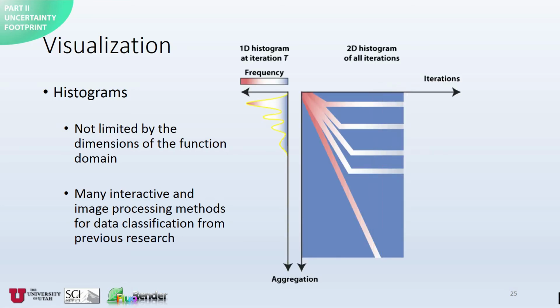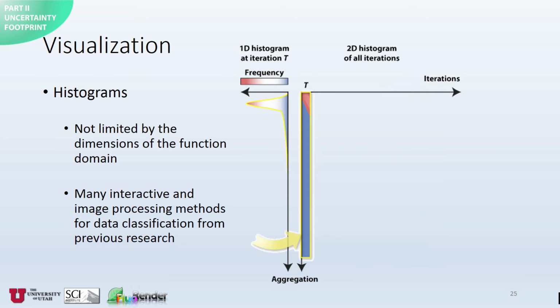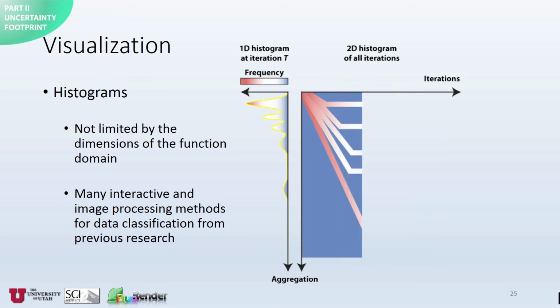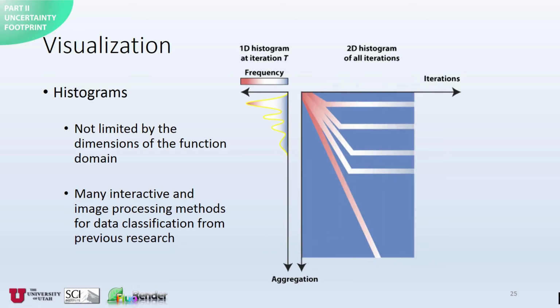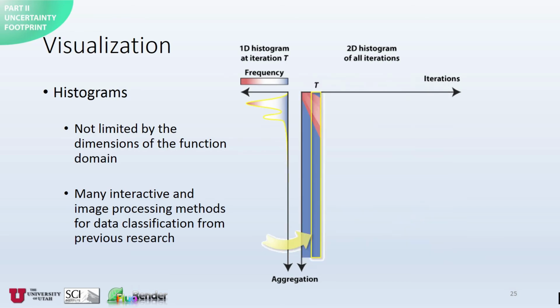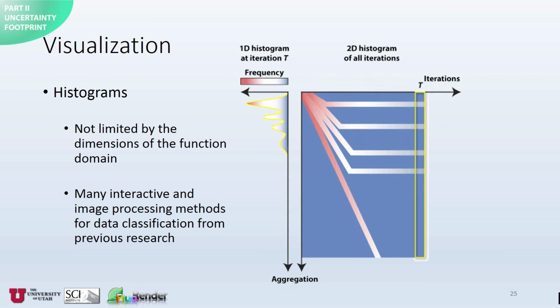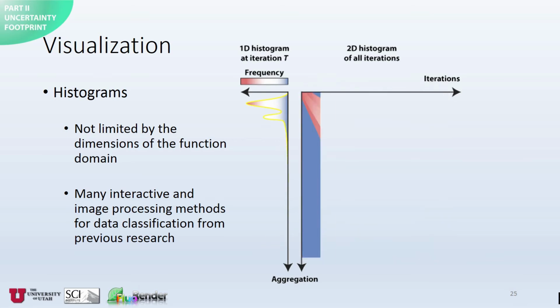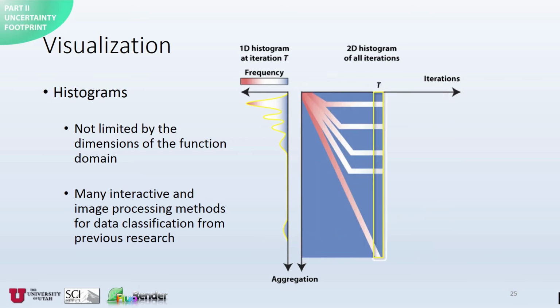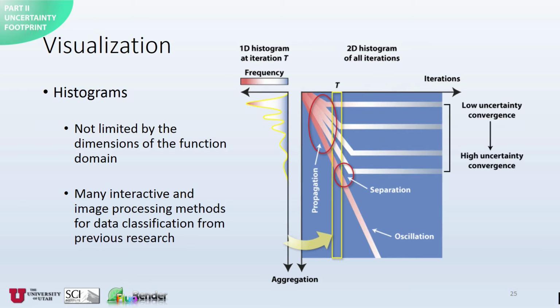For an iterative process, we first generate a 1D histogram of aggregated value changes for each iteration. Then we put all the 1D histograms together to form a 2D histogram. Non-uniform behavior within the process is visualized as distinctive patterns on the 2D histogram. When a local value stabilizes, a horizontal line is shown on the histogram.